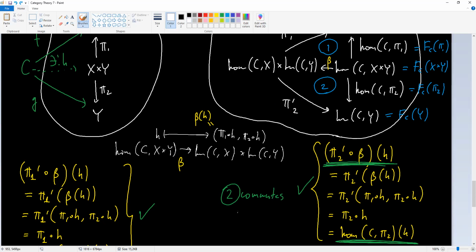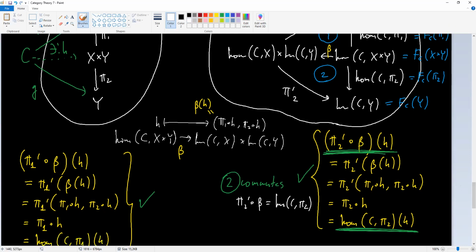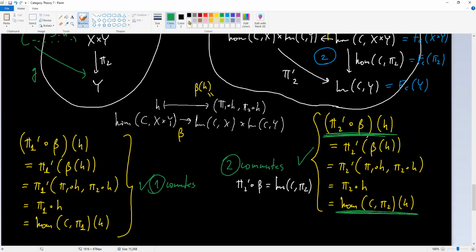It means that pi 2 prime composed with beta equals C pi 2. And that's exactly what we established, because we evaluated these two functions on every element h, and they're equal. Similarly, diagram 1 commutes. As you see, it's the equality of these two things we established here, since h is arbitrary.